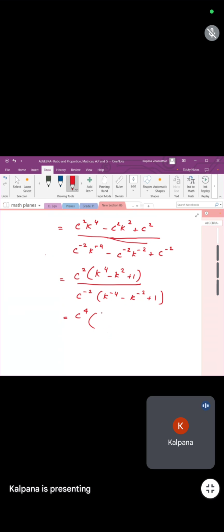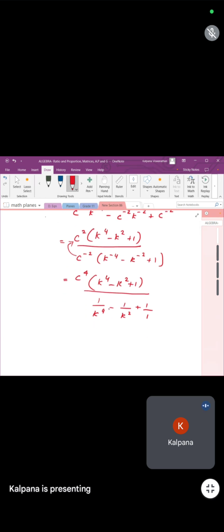For the same basis, in division, we take the power to the numerator. So minus 2 becomes 2 plus 2, so C power 4. K power 4 minus K square plus 1, keep it as it is, divided by 1 by K power 4 minus 1 by K square plus 1 by 1. It is 1 only.